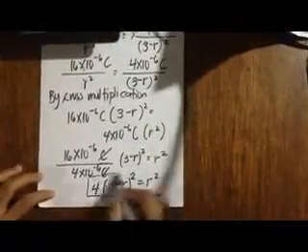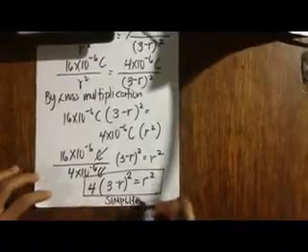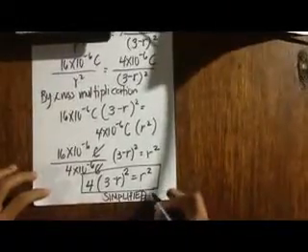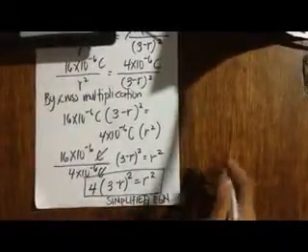By cross multiplication, this will now be our simplified equation. So how are we going to simplify this? So let's just copy the equation.